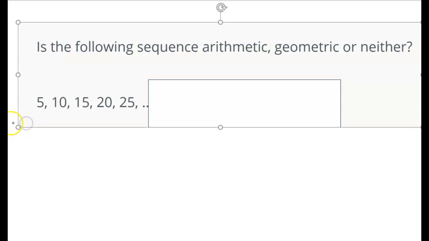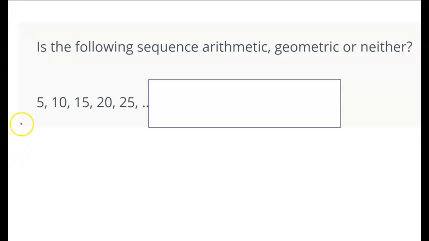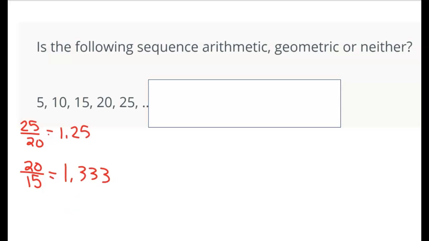So I take the last number in the pattern and divide by the number in front of it, and the last number in the pattern and divide by the number in front of it, to find out if it has a common ratio. 25 divided by 20 is 1.25. 1.333 repeating. Is that the same number? It's not a multiplication pattern.